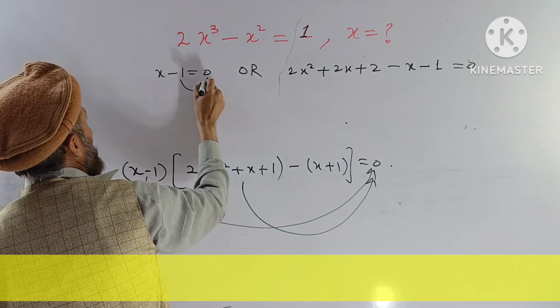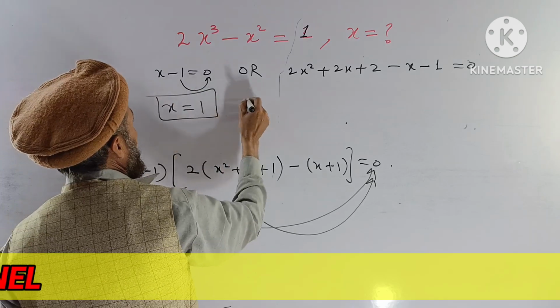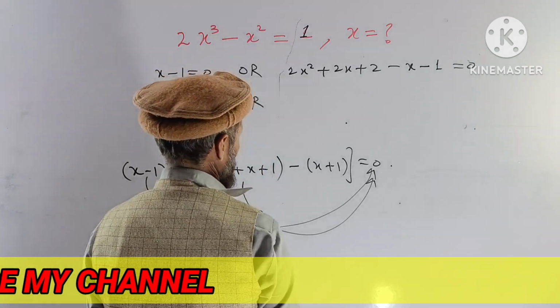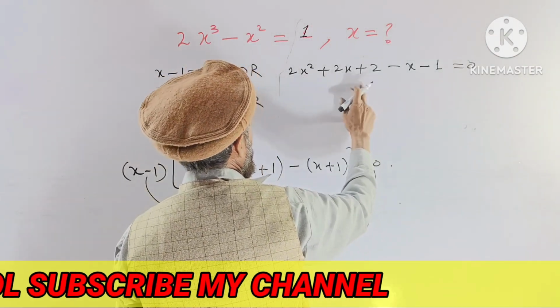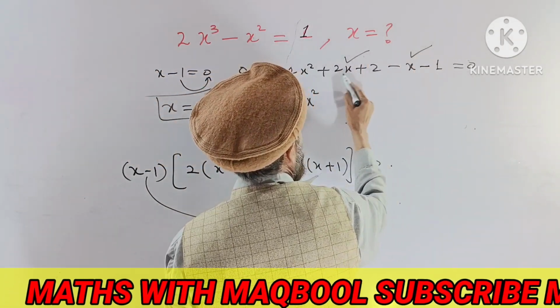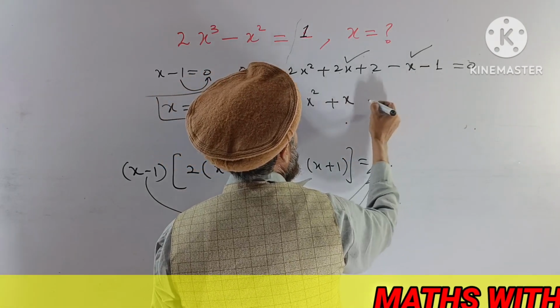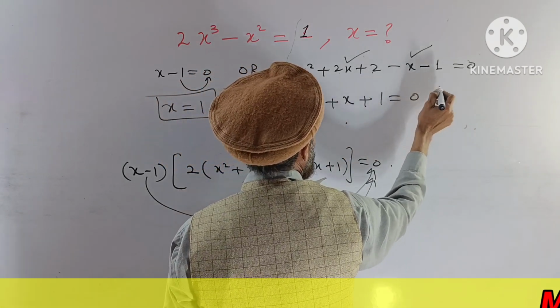So we change this result here, x is equal to 1. We get one of the factors. So other 2x square, x square is not available, we write the same factor, x square, x is available. If we subtract their coefficients 2 minus 1, we get here x, and 2 minus 1 plus 1 is equal to 0.